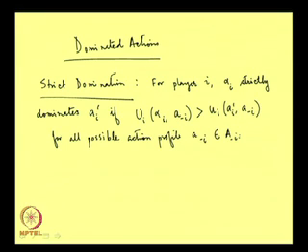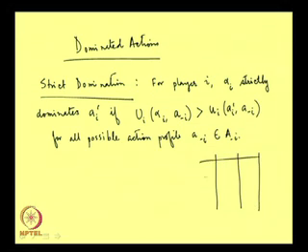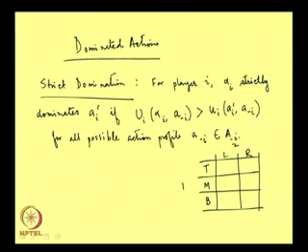So, one can give some examples. So, there are two players here. Player 1 has 3 actions, player 2 has 2 actions. And these numbers are representing the payoffs to player 1. So, I am not writing the payoffs to player 2.